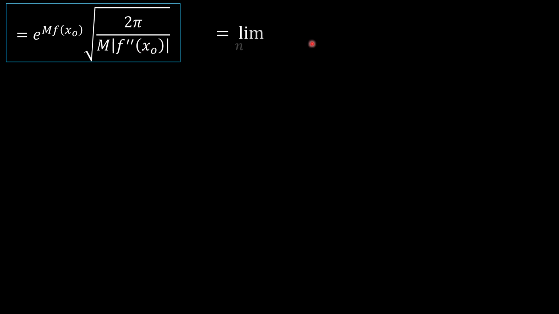Now remember, since our integral where M was a large number came to this, and forgetting the limit for now, where n is a large number, and f(x) is x minus 1 minus x natural logarithm of x, and x naught is 1, f(x naught) at 1 is going to be 1 minus 1 minus 1 natural logarithm of 1.